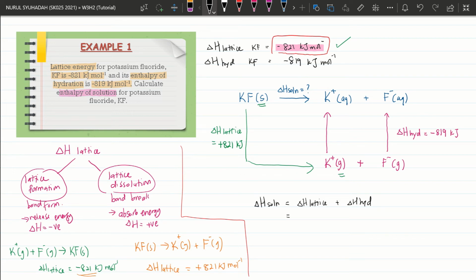So put the value positive 821 plus negative 819. So you will get the answer as positive. Please put the positive sign. It's compulsory to show that it's an endothermic reaction. Okay, so the answer is positive 2 kilojoule per mole. So it must be per mole. So this is the final answer for example 1.